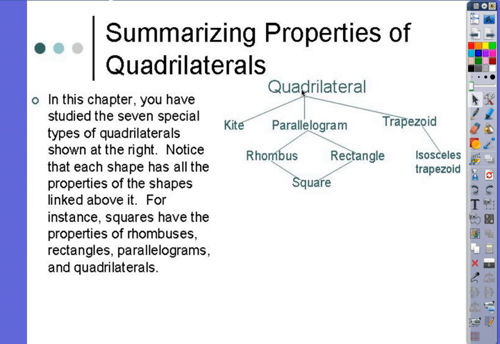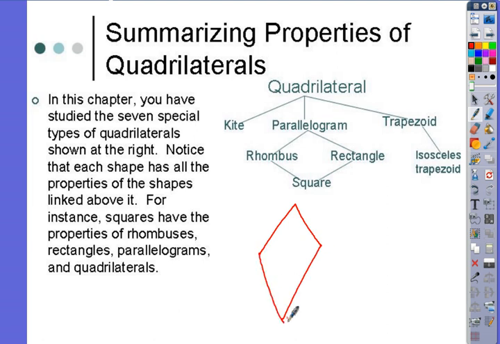Now, are there any opposite parallel sides in a kite? No, there are no pairs of opposite parallel sides. Are there any pairs of opposite congruent sides in a kite? No. If we look at our general, run-of-the-mill kite, it's not so great, but you get the idea.